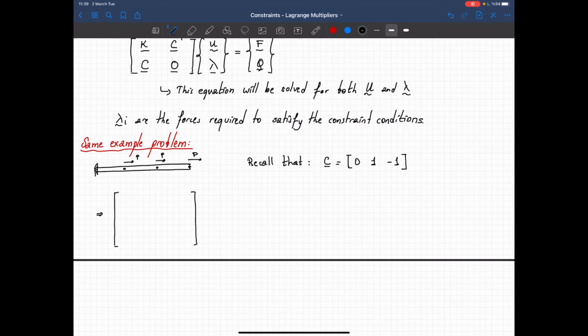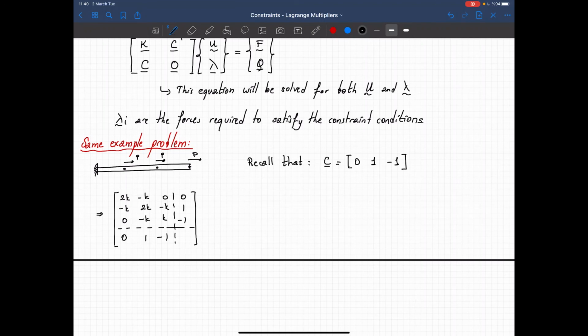Now my new matrix. So let's write it in here. The stiffness matrix: 2K, minus K, 0; minus K, 2K, minus K; 0, minus K, and K. Okay, that's the stiffness matrix. So on this side I have to write the transpose of the constraint equations. So that's 0, 1, and -1. And I have here 0, 1, and -1.